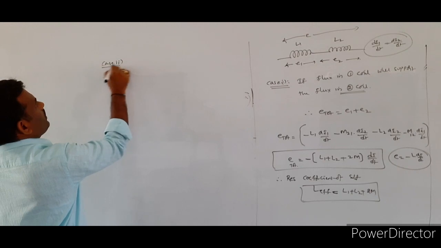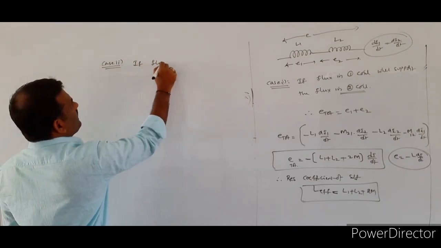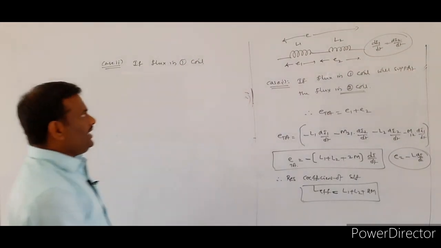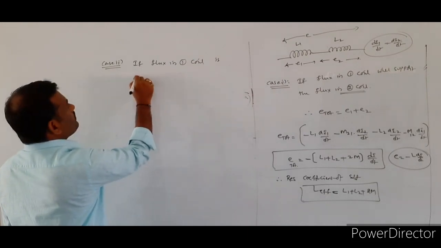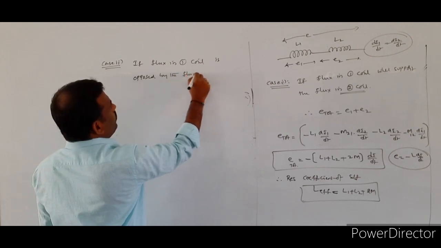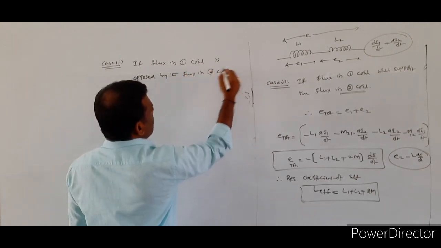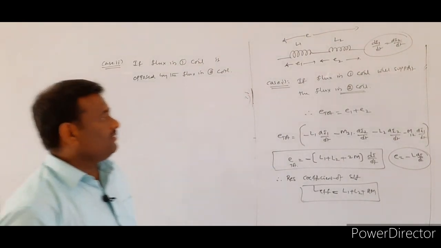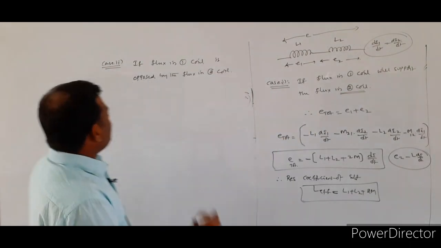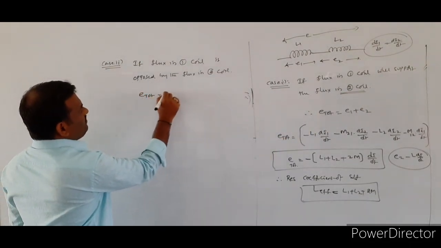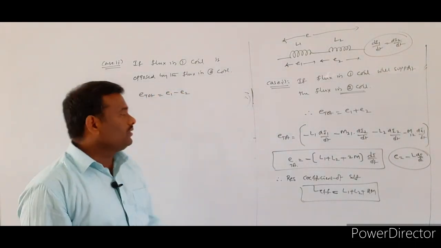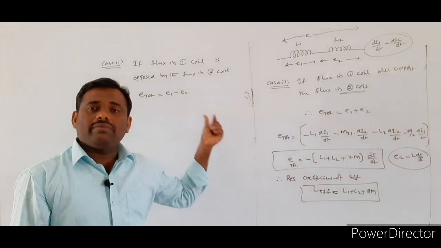In case 2, if the flux in the first coil is opposed by the flux in the second coil, at that time you wrote E total is equal to E1 plus E2, but in this case the total induced EMF we have to write is E1 minus E2.